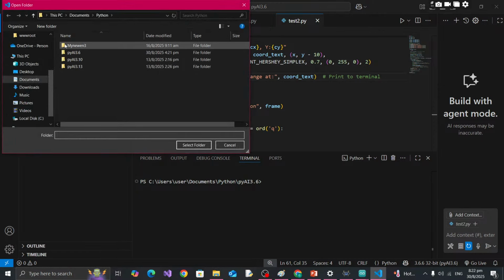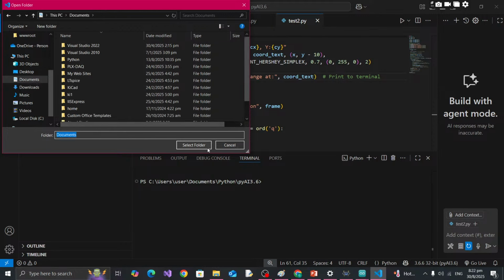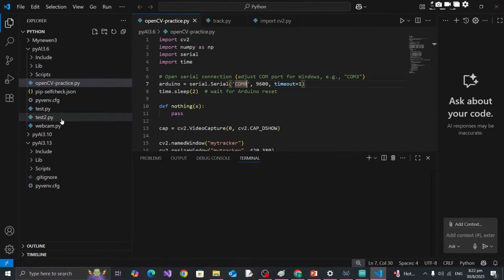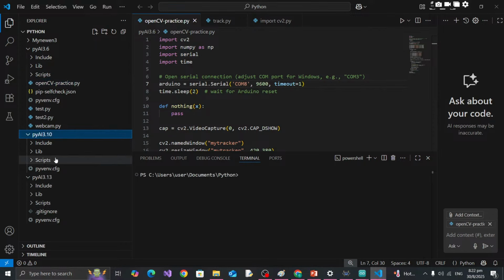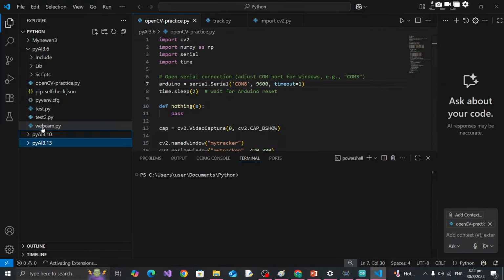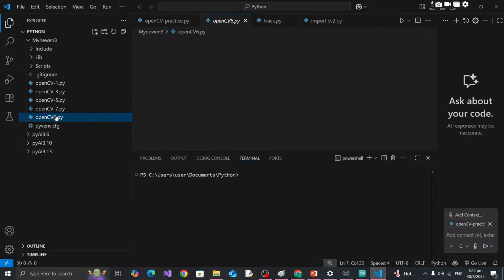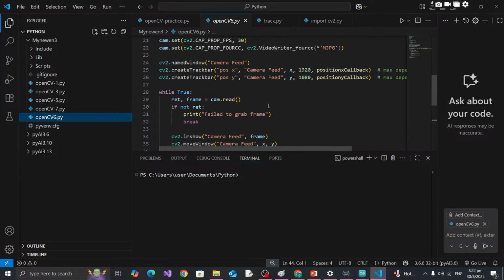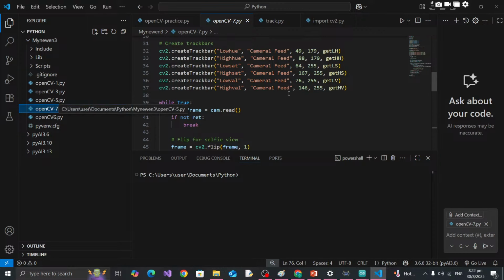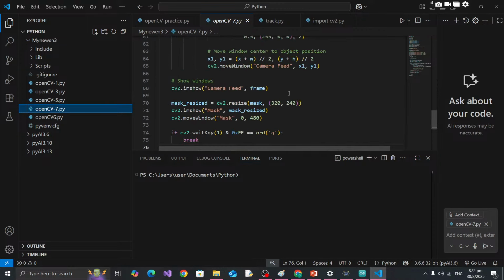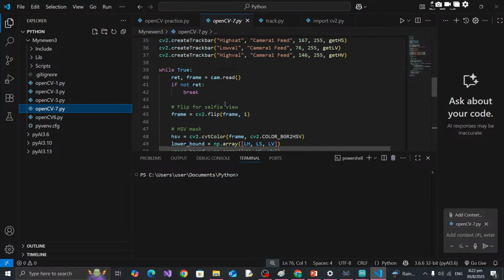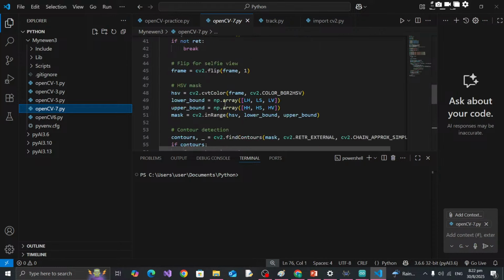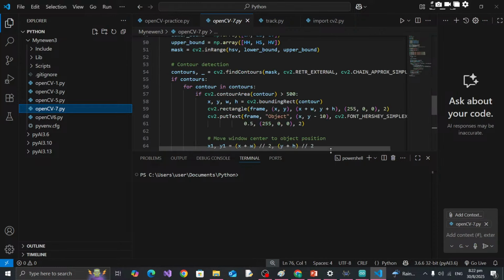Open folder. So here I will show some of the cool projects. Okay, here I have a program.